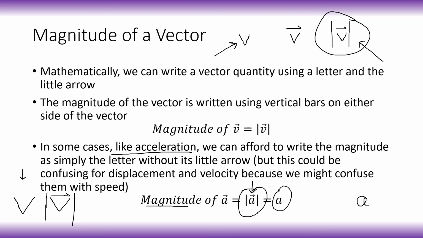But for acceleration, if it's the only thing that has the letter A in the problem, then I can write my magnitude of my acceleration like this, or I can write it as just a lowercase a without anything attached to it, because there's nothing else that a could possibly mean.